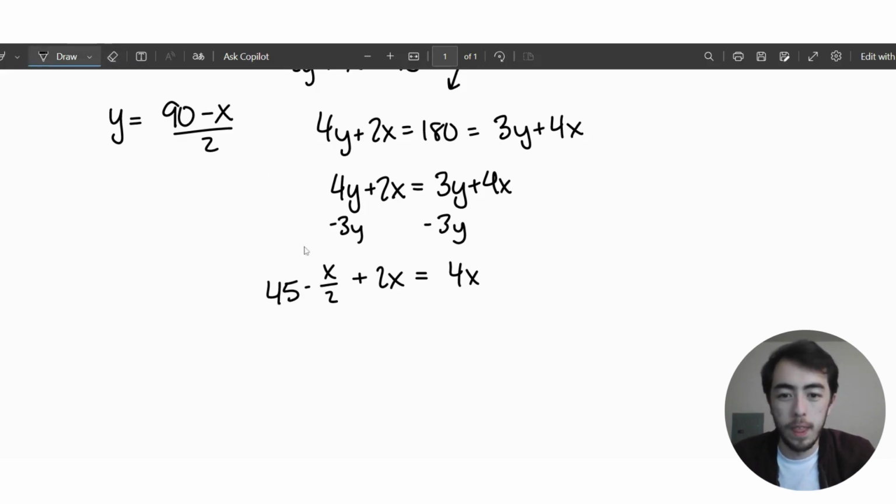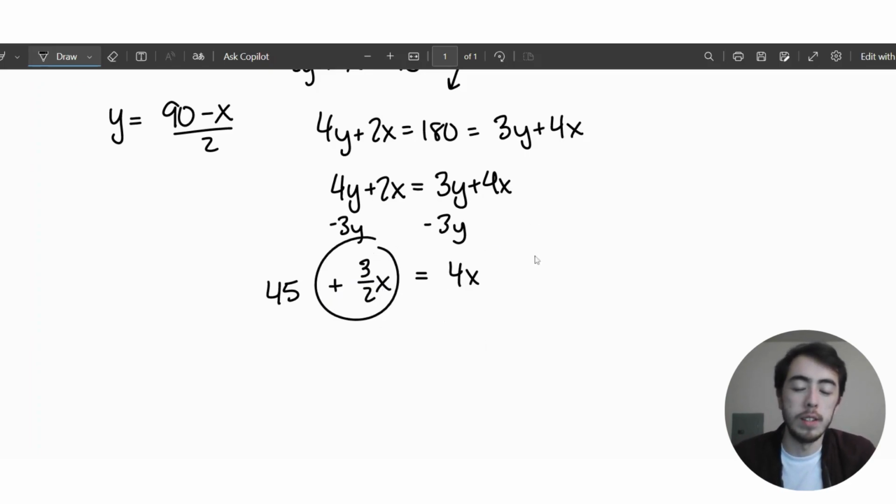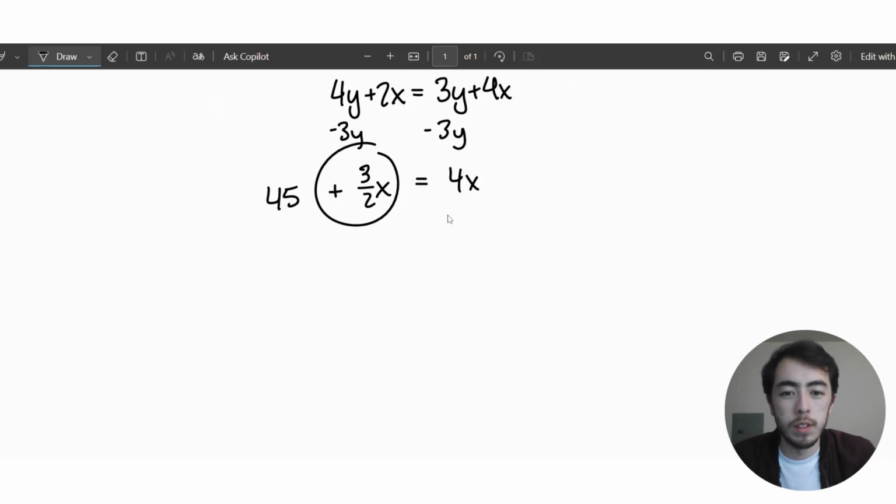There we go. So if I collect up all of my x's, over here I have 2 and then minus a half in x. So that makes 3 halves x. But then I want to subtract all of this from the right side. And I think that'll leave me with 5 halves x.